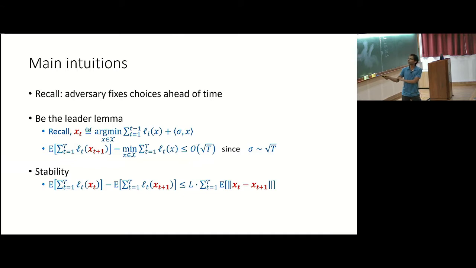So there is a sweet spot that I'm taking here. Sigma equal to 0 would be best, but then I cannot implement this algorithm. So I'm implementing xt, but xt is close to xt plus 1 when sigma is large. So sigma equal to square root t seems to be the right trade-off, so that one, be the leader gets a good regret, and two, follow the perturbed leader actually gets the same regret as be the leader. Okay.